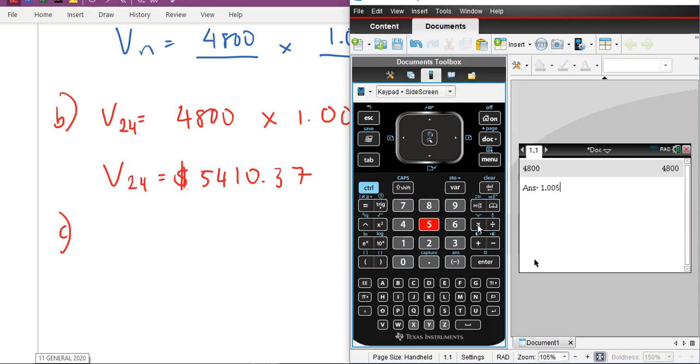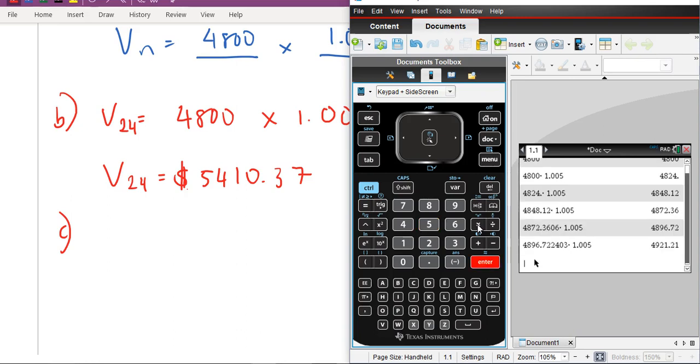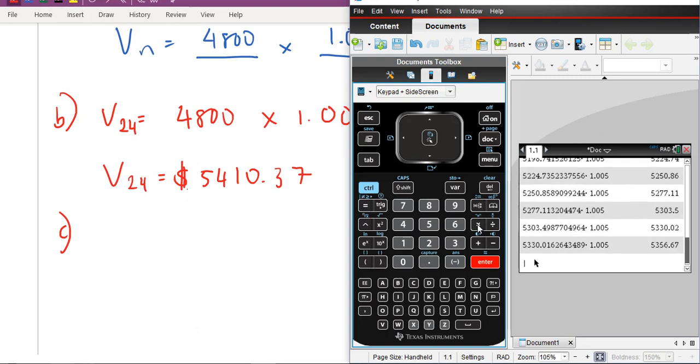We're looking for 5,500 and above. So 1, 2, 3, 4, 5, 6, 7, 8, 9, 10, 12, 13, 14, 15, 16, 17, 18, 19, 20, 21, 22, 23, 24, 25, 26, 27, 28. It looks like on the 28th term is when it will go above 5,500.